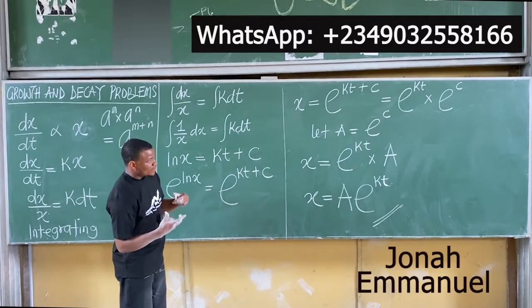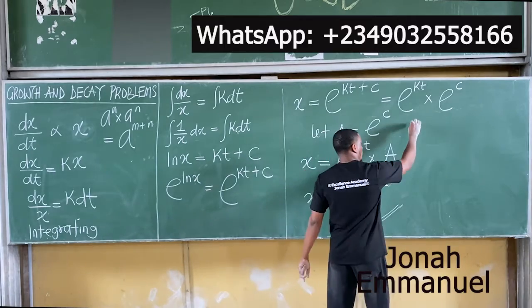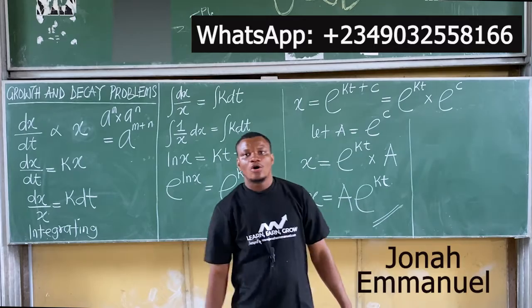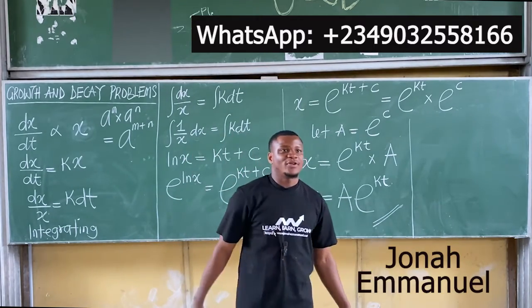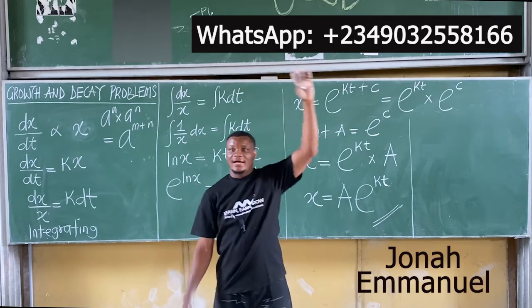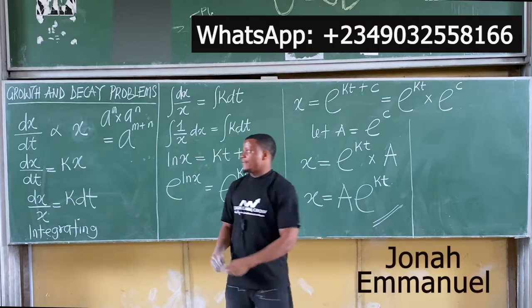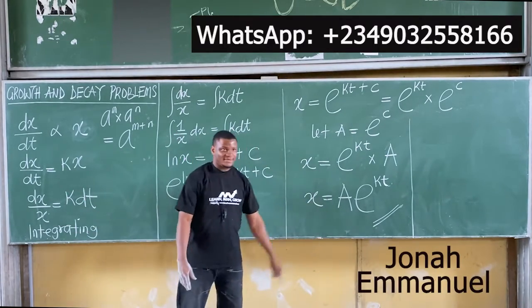Let me add a bit of a tweak to this, just for your information. What we just did here is for growth. It's a two-way thing. It's either the population is growing or it's what there? Decreasing or reducing. What I have here is if the population is growing, you'd have this.